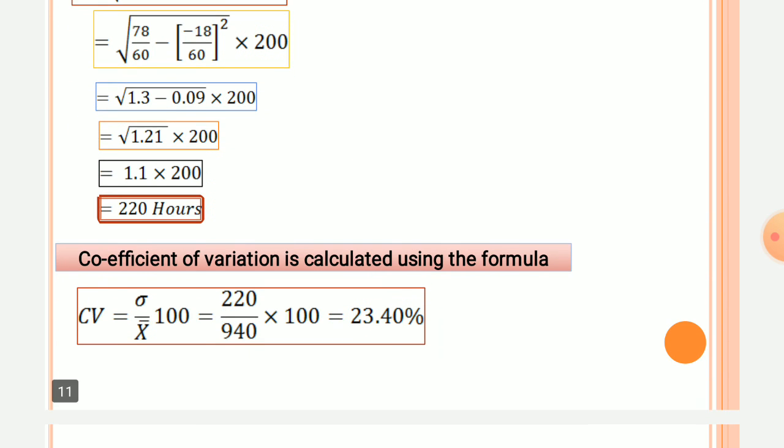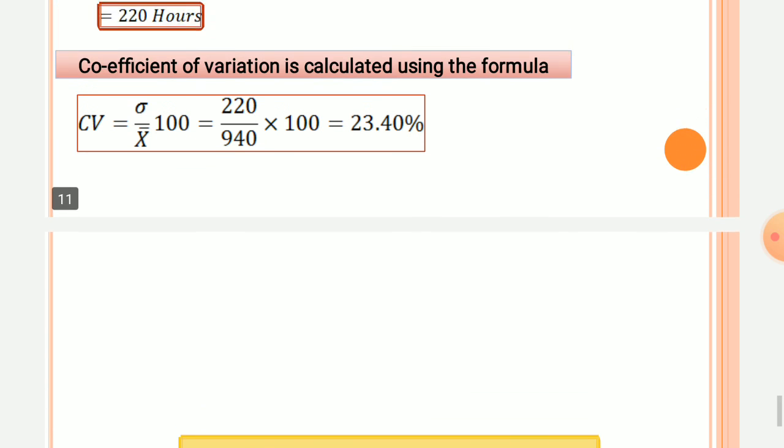So therefore the coefficient of variation can be calculated as CV is equal to sigma by mean into 100, is equal to 220 by 940 into 100, is equal to 23.40%.